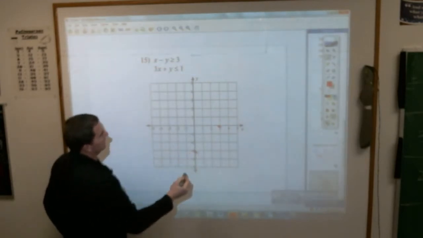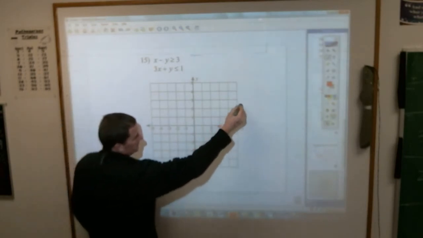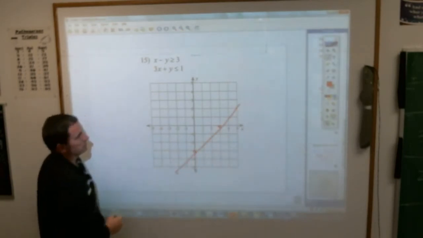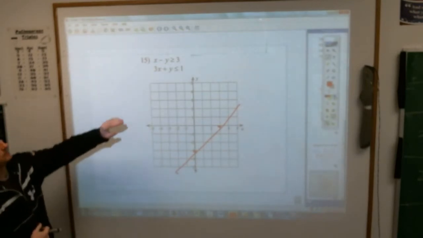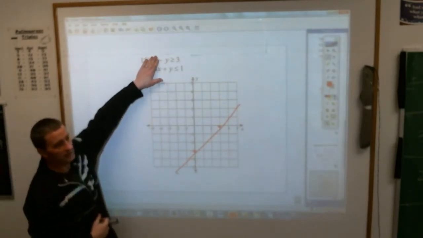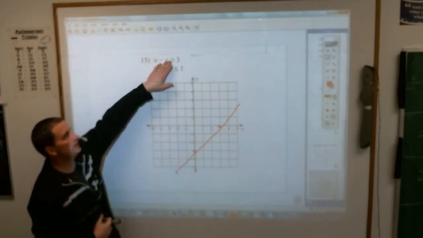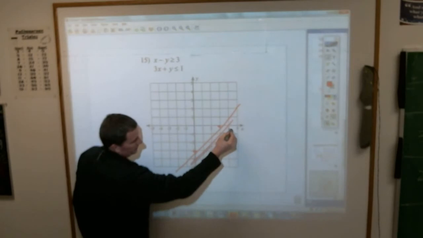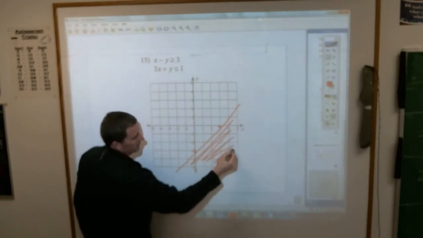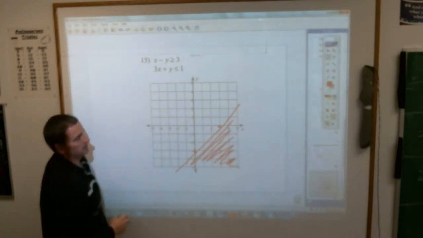So there's that, and it isn't a solid line because it is equal to. You are shading what side of that? The bottom, because the y is negative. Negative y changes that to its opposite, so you are shading this side of that line. You don't have a very big area to work with now.